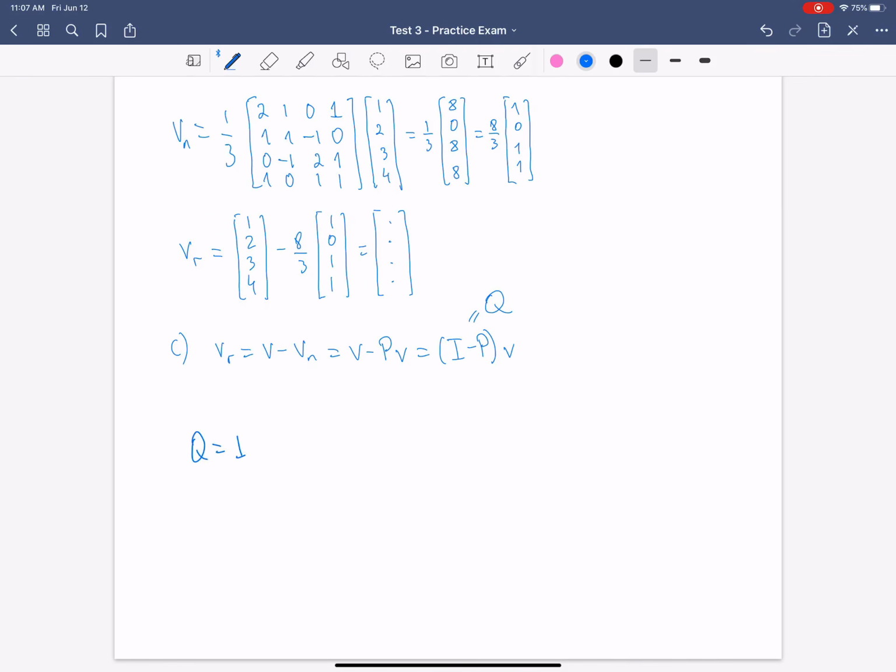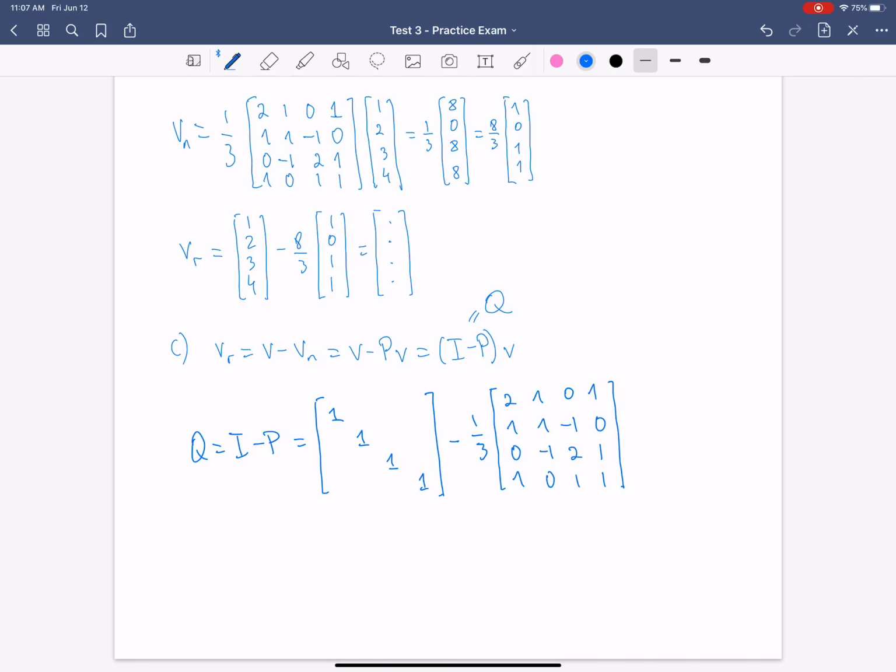Q is simply the identity minus the matrix P. I already have the matrix P, so I can already have Q. So you would have 1, 1, 1, 1 minus a third of 2, 1, 0, 1, 1, 1, negative 1, 0, 0, negative 1, 2, 1, 1, 0, 1, 1.